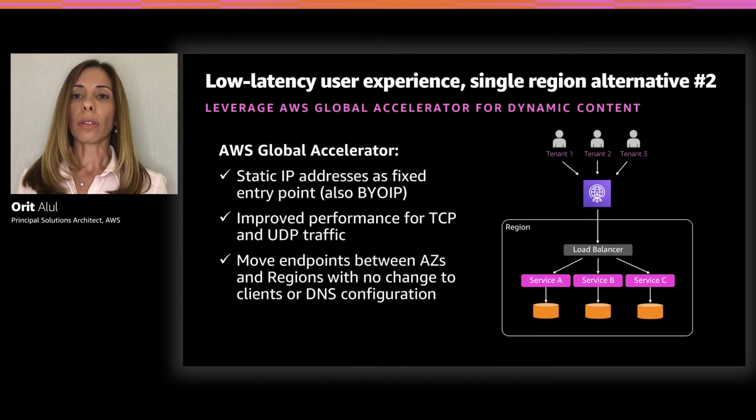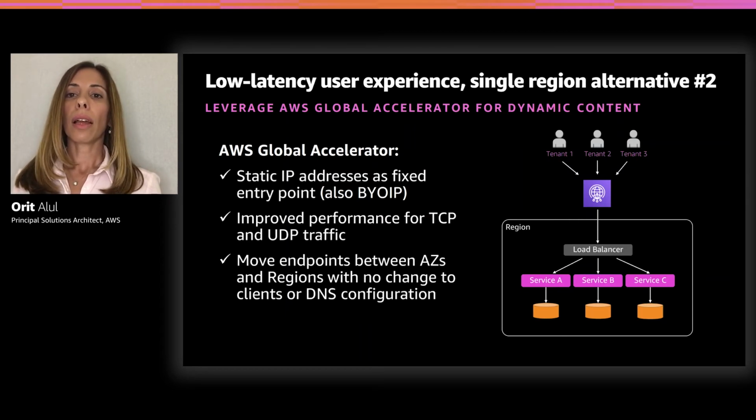For applications in which WebSockets and HTTP protocols are not suitable, such as voice-over IP applications, UDP-based games, and real-time video applications, we can leverage AWS Global Accelerator. AWS Global Accelerator routes traffic to optimal endpoints over the AWS Global Network as well.